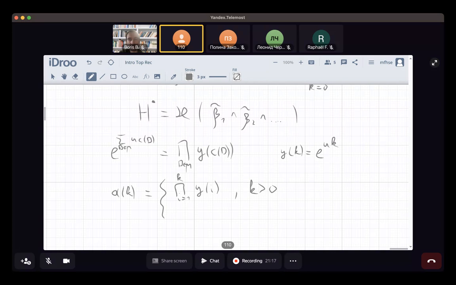So A of k is another function defined on integers, defined as products of y in such a way. Okay?